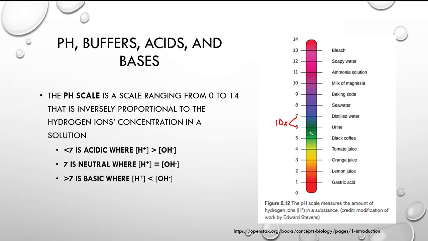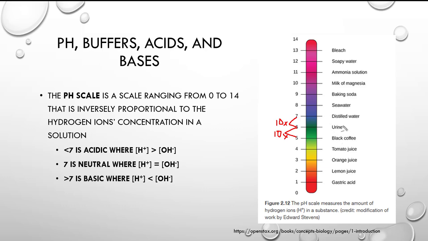So if I am looking at the concentration of hydrogen ions, urine has 10 times more hydrogen than distilled water. Between urine and black coffee, black coffee has 10 times more hydrogen ions than urine.